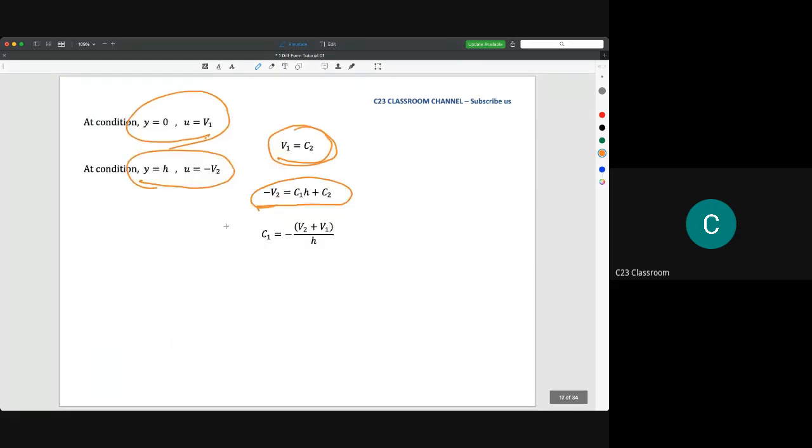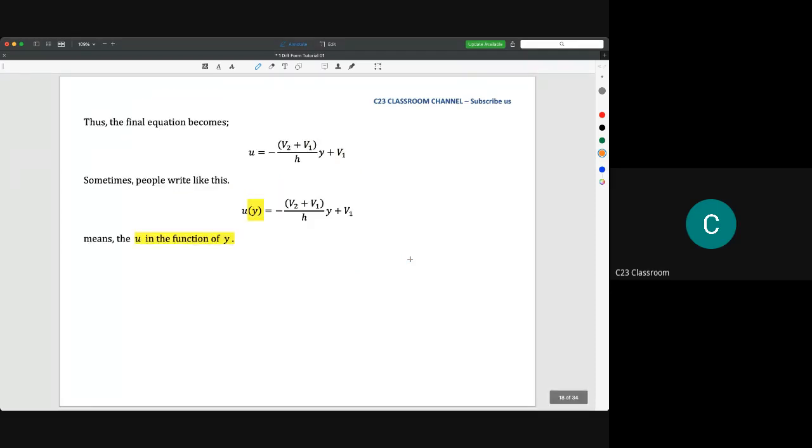So we could have this term, and then we could substitute the value of c2 here with what we have here. And finally, we could get c1 is negative v2 plus v1 over h. So this is the value of C1 and C2, not the velocity profile.